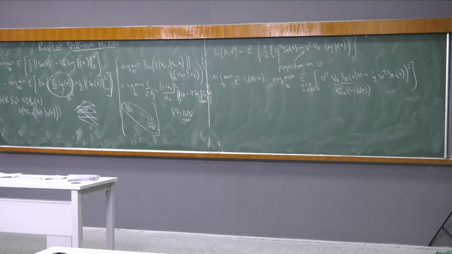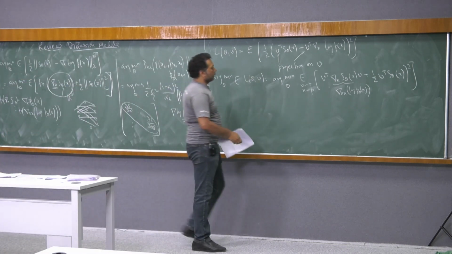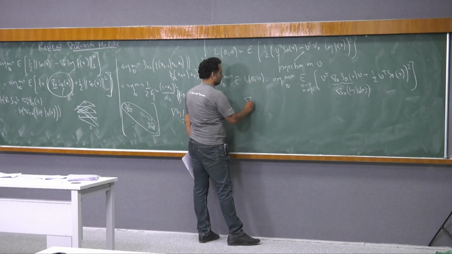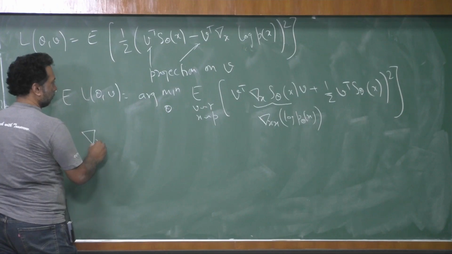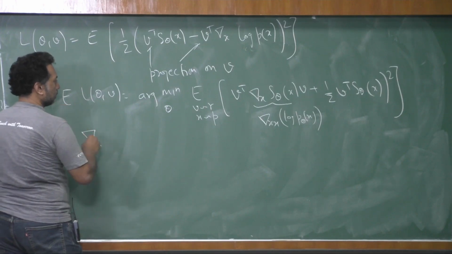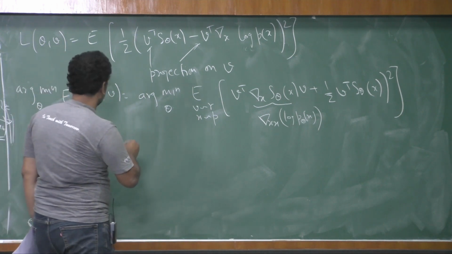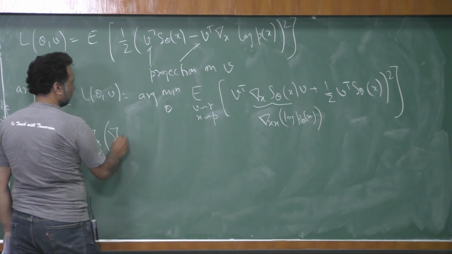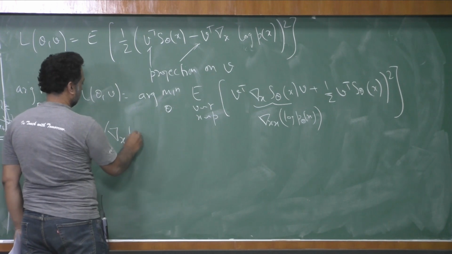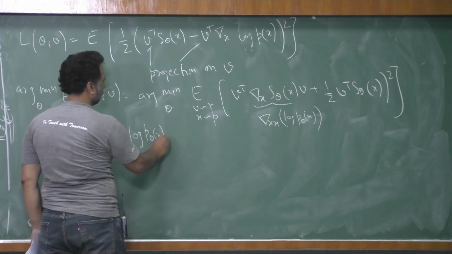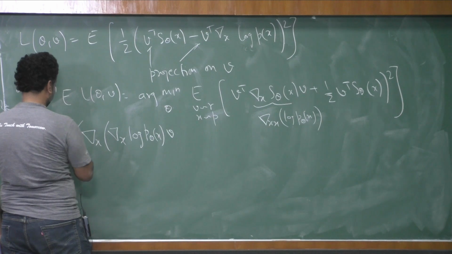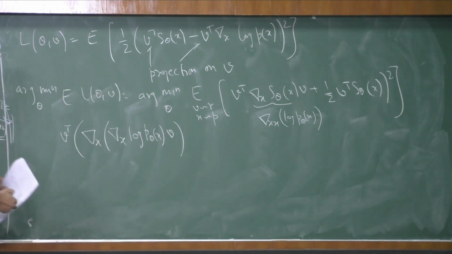So the simple intuition behind this is that here if I have grad_x of log p_theta(x), and v, and then there is a v transpose, we have to look at this as taking gradients iteratively.